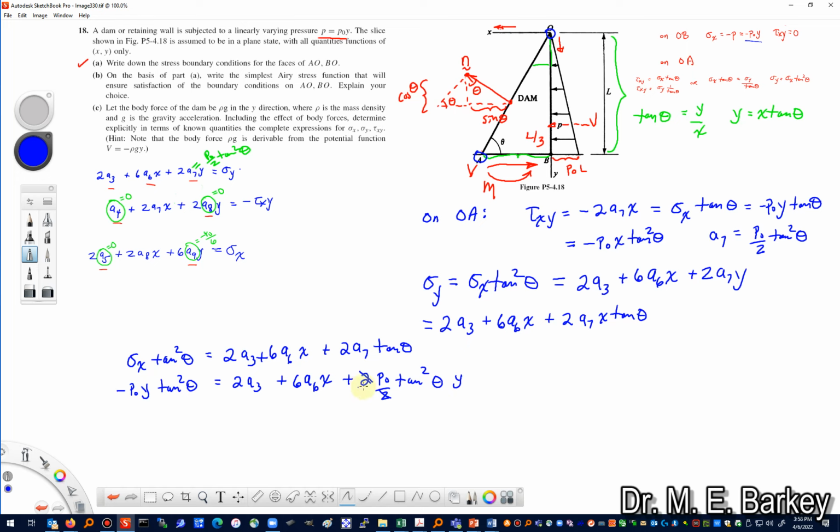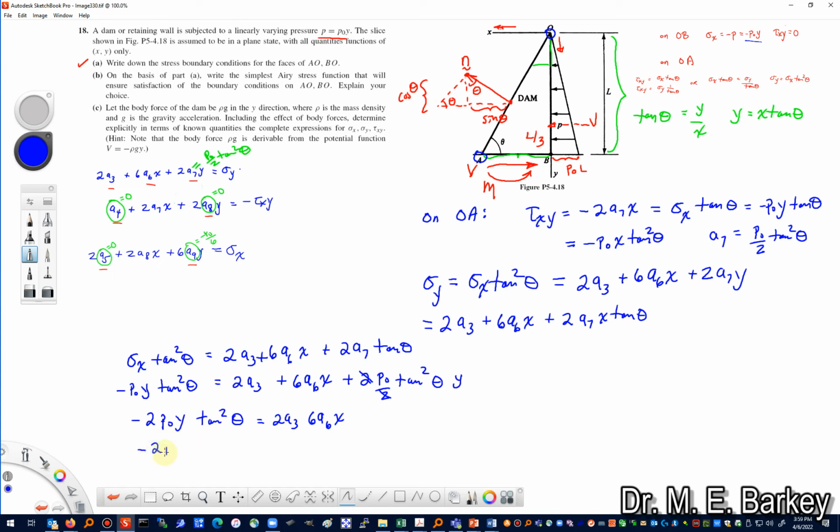Alright, so if we bring this to the other side, we're going to have a minus 2 p naught y tangent squared theta is equal to 2a3 plus 6a6x. Now, y is equal to x tangent theta.